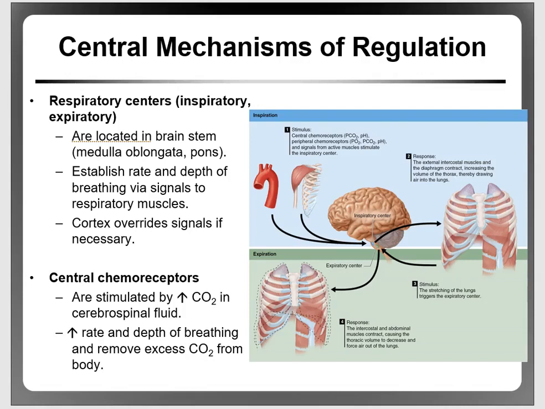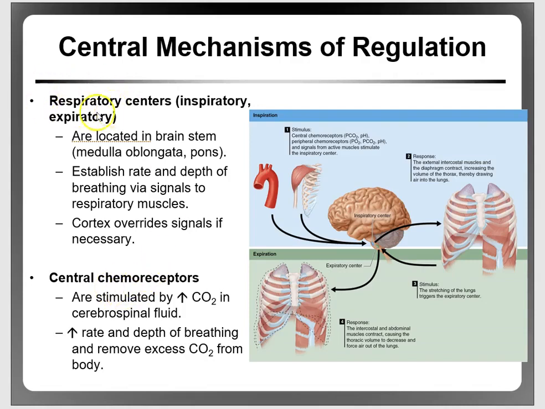So basically the lungs have stretched out, and that's a stimulus to say, okay, you can expire the air now. And then number 4 down there, the response is for the intercostal and abdominal muscles to contract, cause the thoracic volume to decrease, and force the air out of the lungs. So that helps push the air out as part of an expiration.